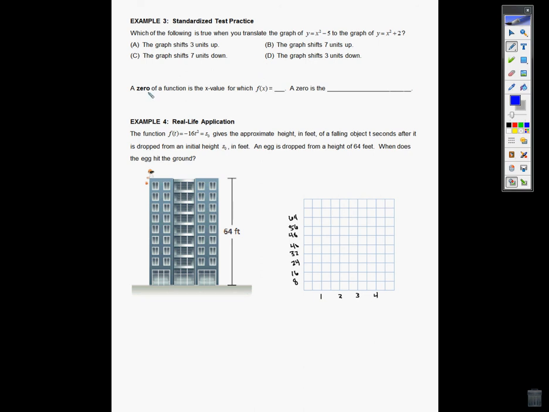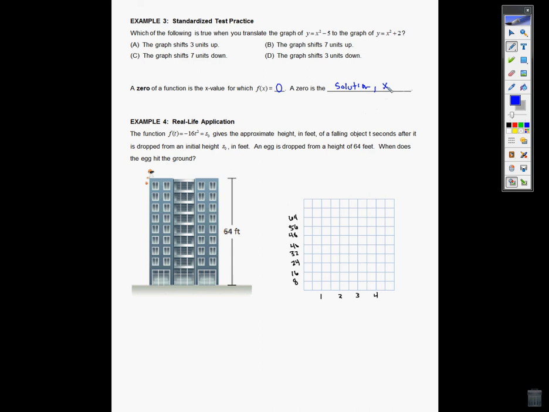And this next definition here, the zero of a function, well, we already talked about that. It's when f of x equals 0, and a 0 is a solution to a particular function. We did those when we were looking at solving certain functions that were in factored form.